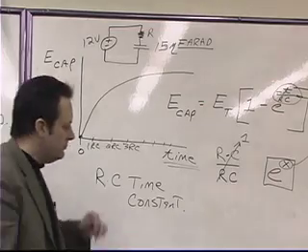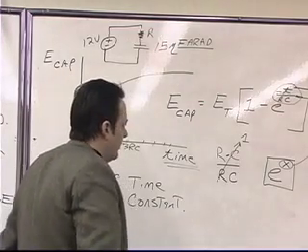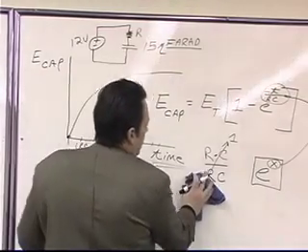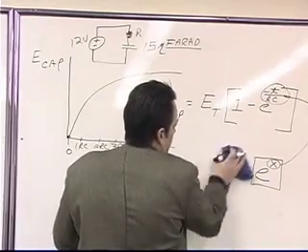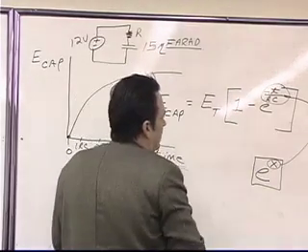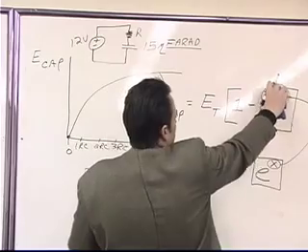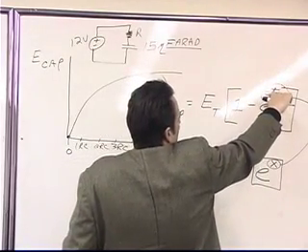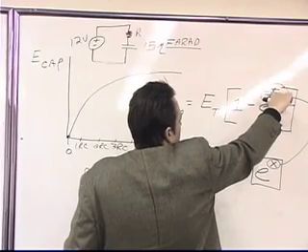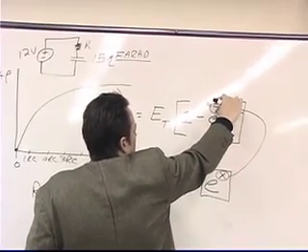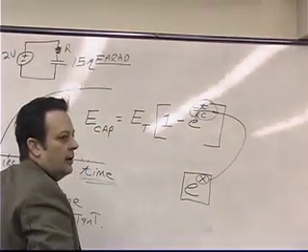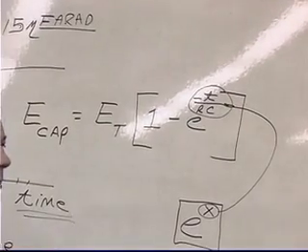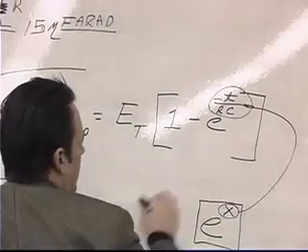Now, I'd like you to get your calculator out for a minute. Let me erase this. And what we're going to do is come up here to this exponent, and if we plug in 1 times RC, this whole exponent turns into a negative what? Negative 1.